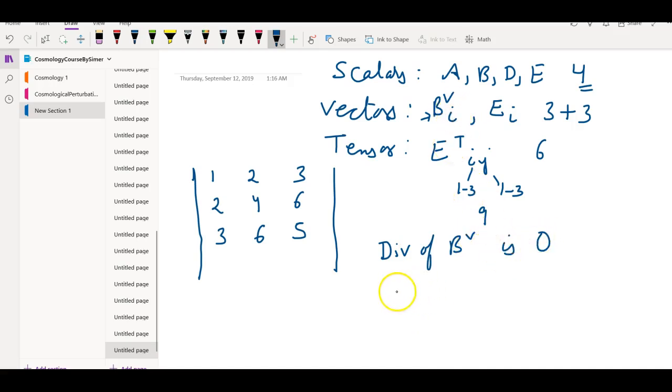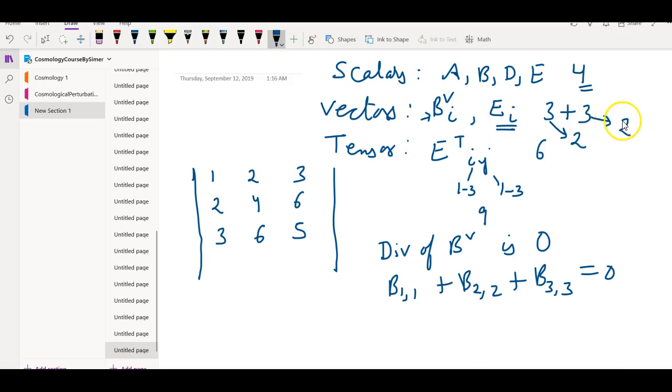So the components follow this constraint that B1,1 plus B2,2 plus B3,3 is 0. Now when you apply this constraint, that means the number of independent components reduces from 3 to 2. Similarly, divergence of this is also 0. So this becomes from 3 to 2.